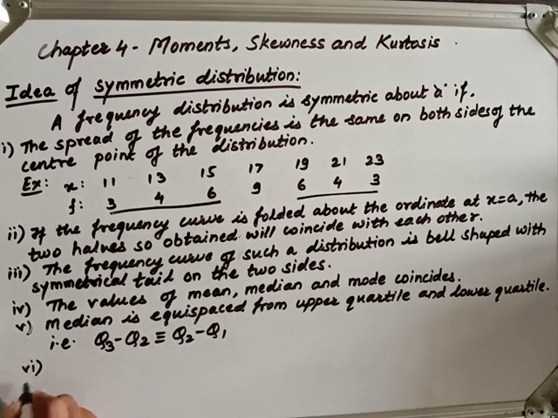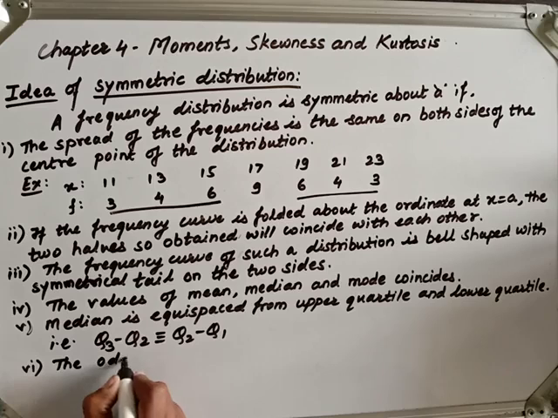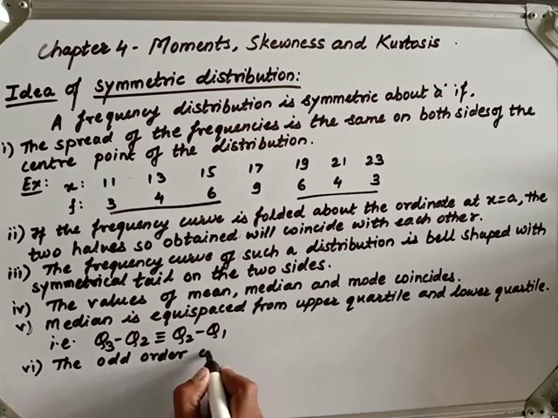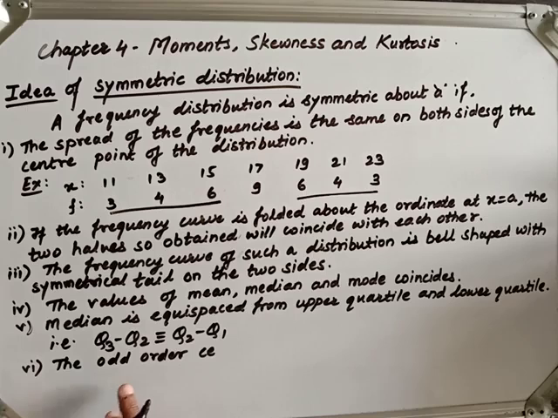Now the next property of the symmetrical distribution is that the odd order central moments of a symmetrical distribution are 0. We will see the moments later on. There are two types of moments, raw moments and central moments.